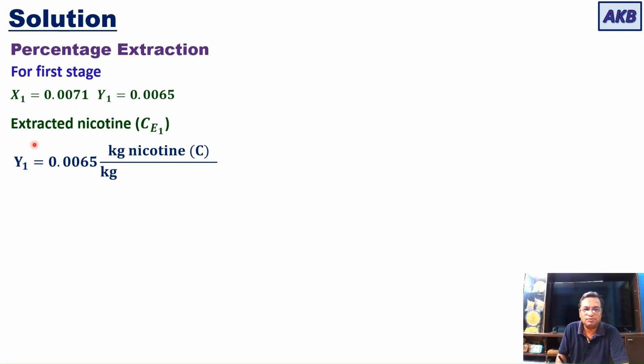Now, let us find out the quantity of nicotine that is extracted in stage number 1. And I am going to denote that as CE1, the amount of nicotine extracted in stage 1. So for that, we are going to use the value of capital Y. Capital Y1 is 0.0065. What is this? This is kg nicotine per kg kerosene in stage 1.